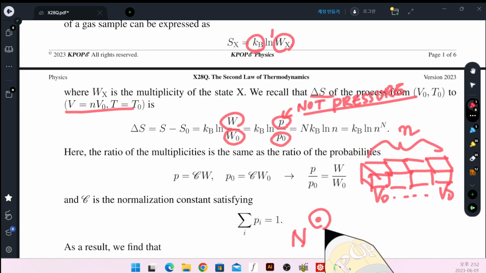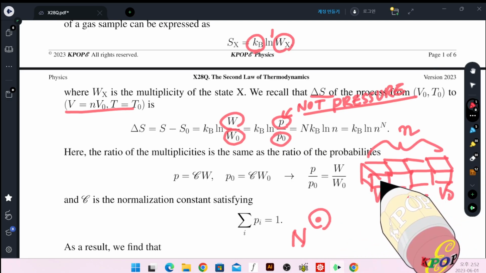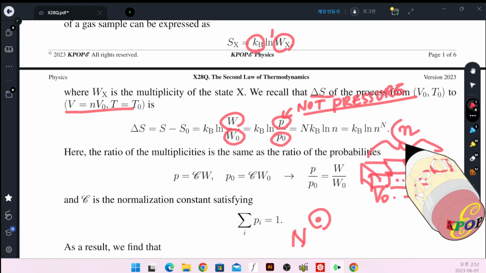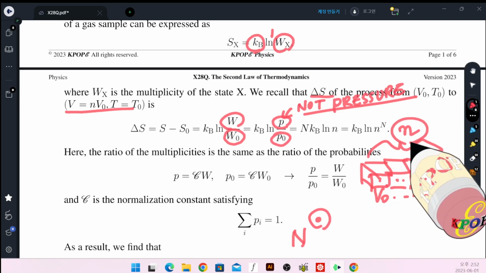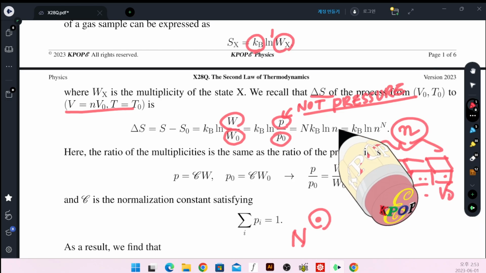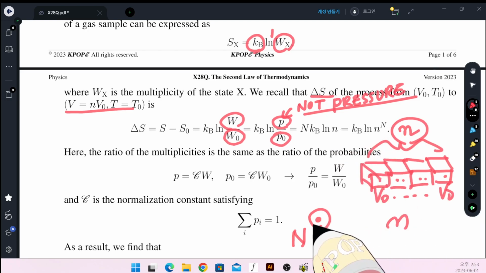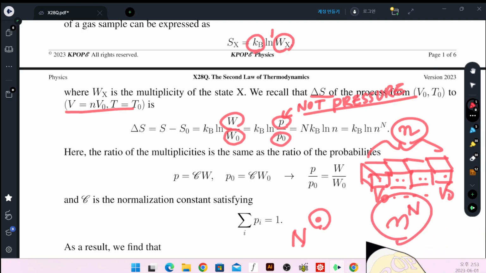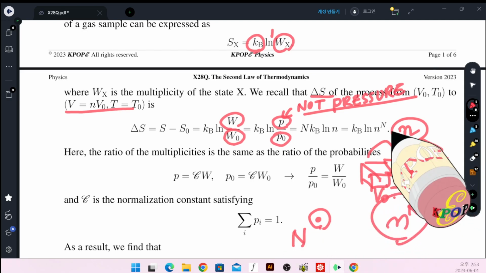For given molecules, we have a multiplicity to choose these 1, 2, 3, 4, n beams. So we have multiplicity n for each molecule, and every molecule is independent. Therefore, we have small n to the capital N multiplicity for the distribution of capital N molecules inside small n.